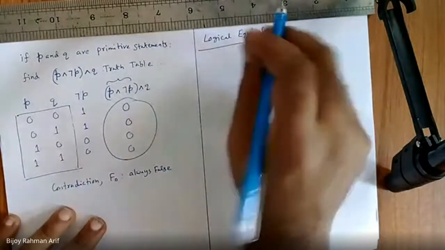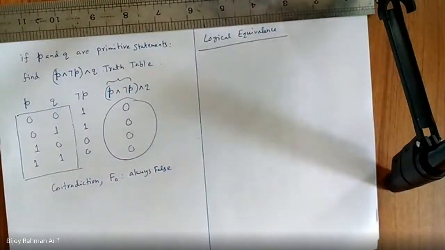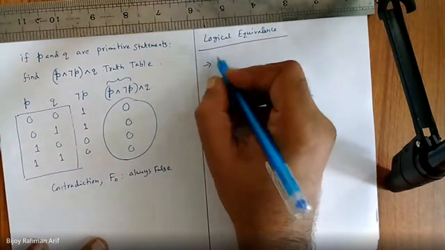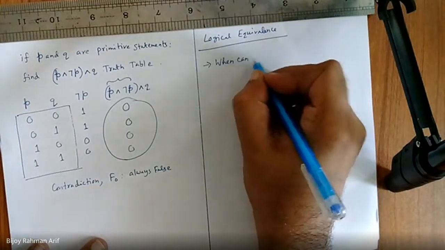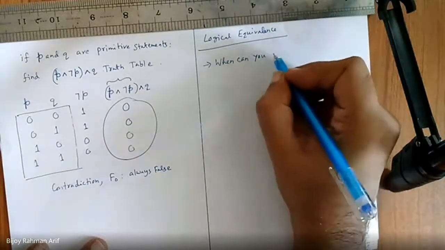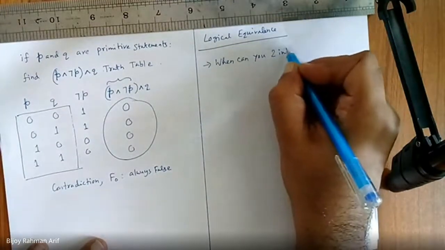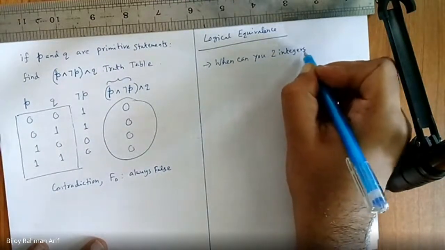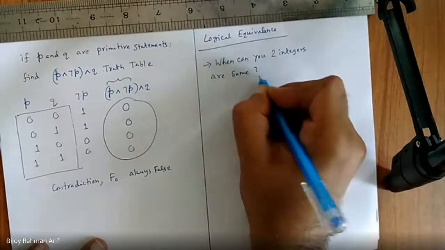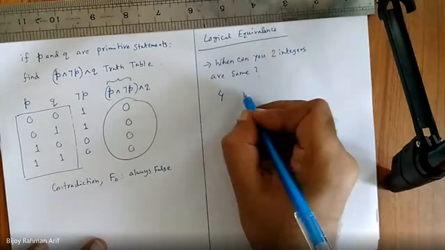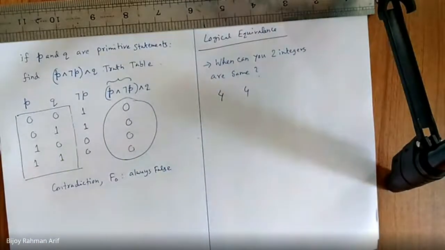When can you say two integers are the same? Can you say 4 and 4 are equal? How can you prove that?